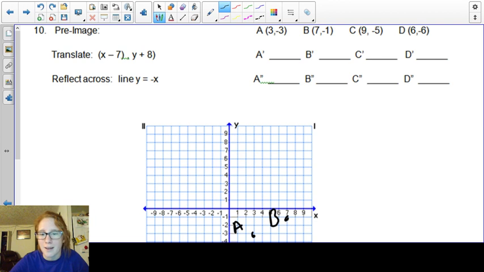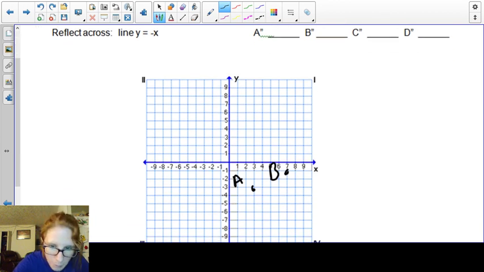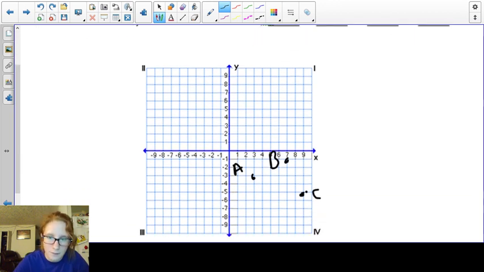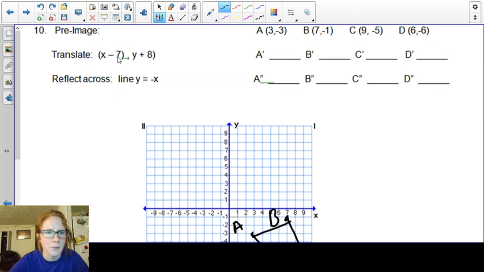C is going to be at 9, -5, so I need to scroll down a little bit. And D is at 6, -6. So there's my original. What we're going to do is translate it left 7 and up 8.